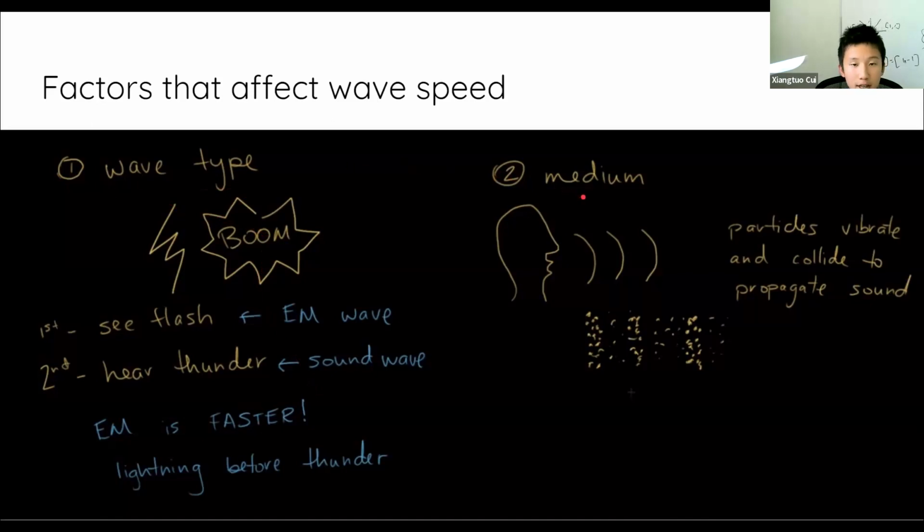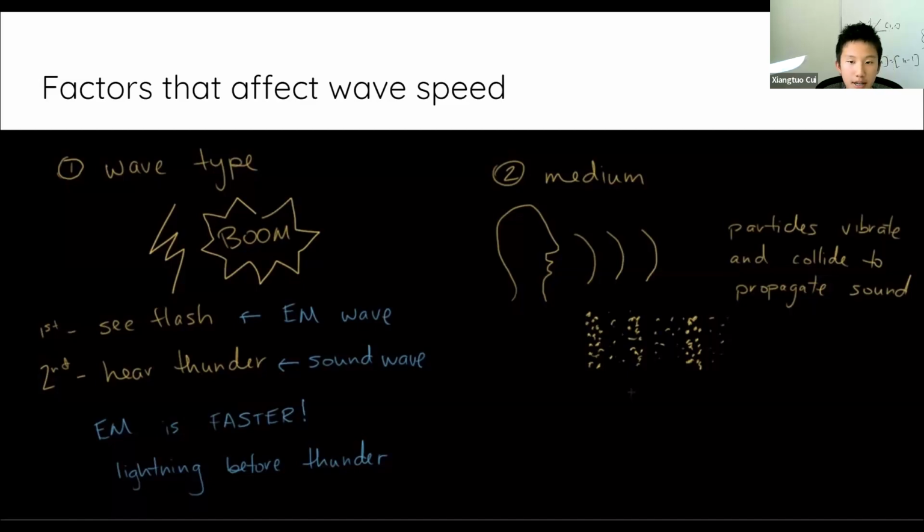The second factor is medium. A medium is basically any type of substance in which a wave can go through. For example, air is a medium for sound. Metal can also be a medium for sound, as long as it is a type of material that can transport wave energy from one place to another.